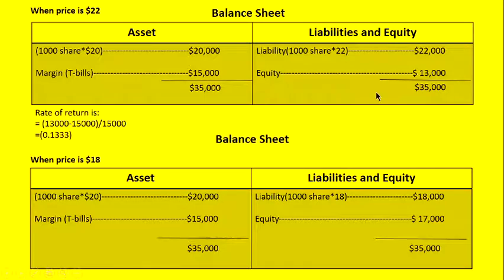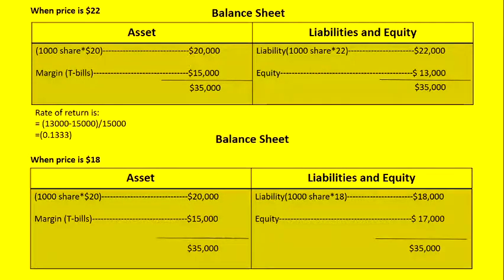When the price is going up, your liability is going up and equity is going down. The rate of return: your profit amount is negative $2,000, and your invested amount is only $15,000, so you make a loss of 0.133.